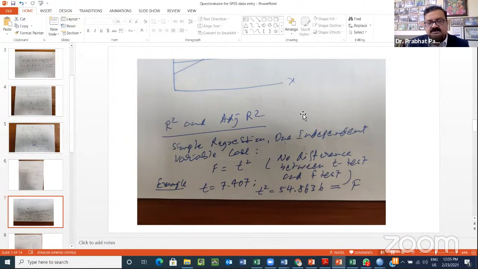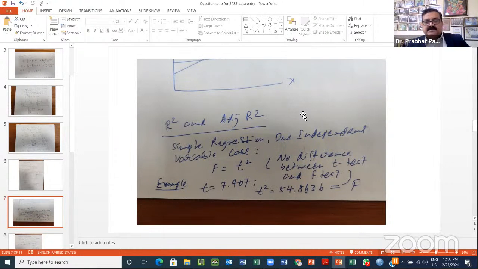Because the more you add on the right-hand side of your equation, the greater the chances that your y will be better explained. So even if you don't know which variable is affecting y, you just keep on adding variables on the right-hand side. You add 50 variables, of course, somewhere or the other it will affect y, right? So the explanation that comes from regression will automatically tend to increase if you keep on adding variables on the right-hand side in multiple regression.